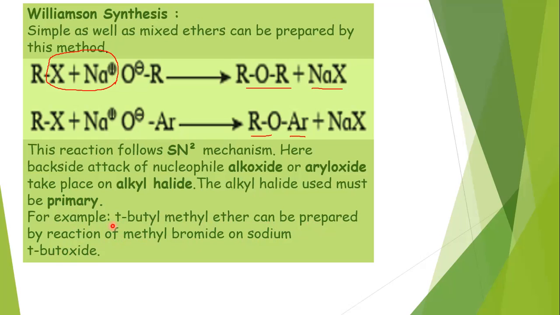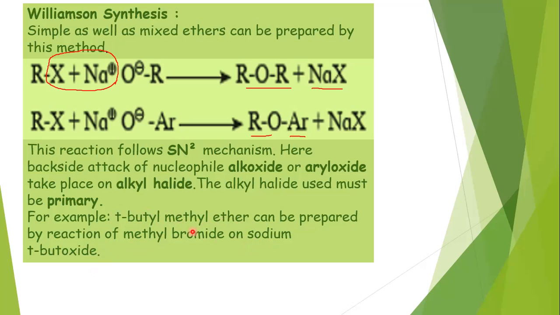If we have to prepare this tertiary butyl methyl ether, it can be prepared by using methyl bromide, because this methyl bromide is a primary alkyl halide. So this tertiary butoxide nucleophile will attack from backside on this primary carbon, and it forms tertiary butyl methyl ether.